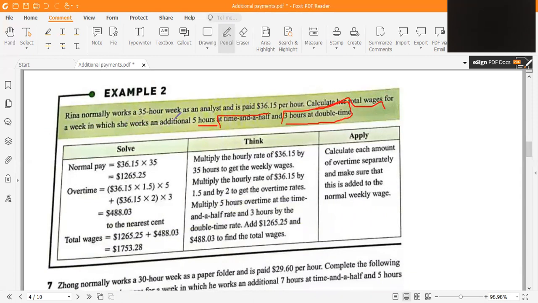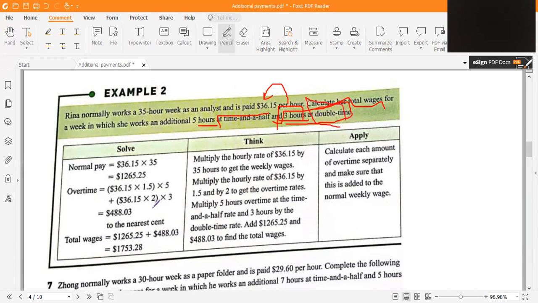First, we calculate the normal payment, 36.15 by 35. Then we calculate the overtime payment at time and a half: 5 by 36.15 by 1.5, plus the overtime of 3 hours, where we multiply the 3 hours by the normal rate of payment by 2.